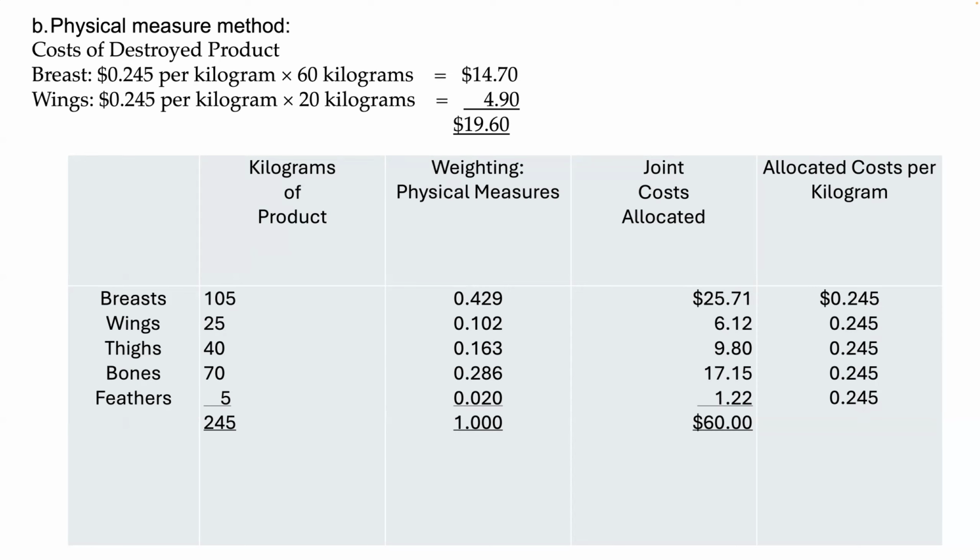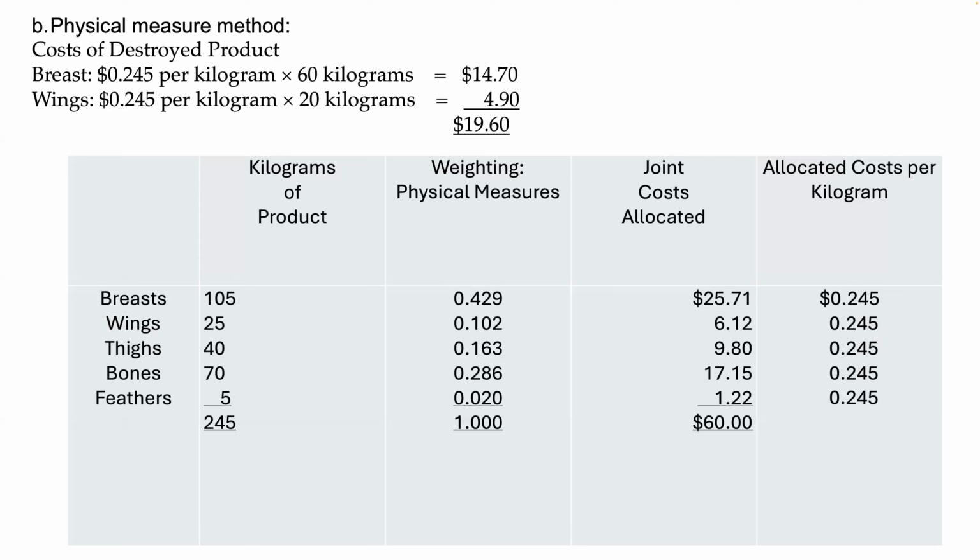In this case, it's interesting because they're all the same. The allocated cost per kilogram is the same. How does that work? It's because the cost allocation is based on weight.